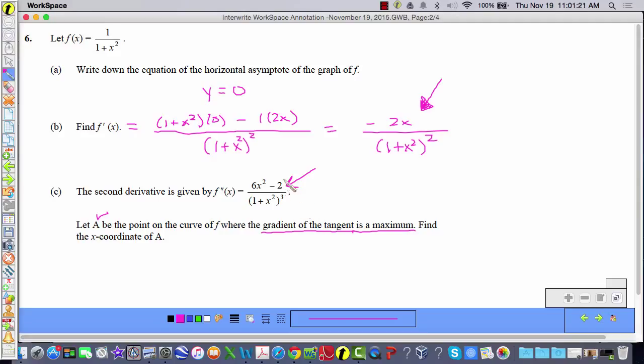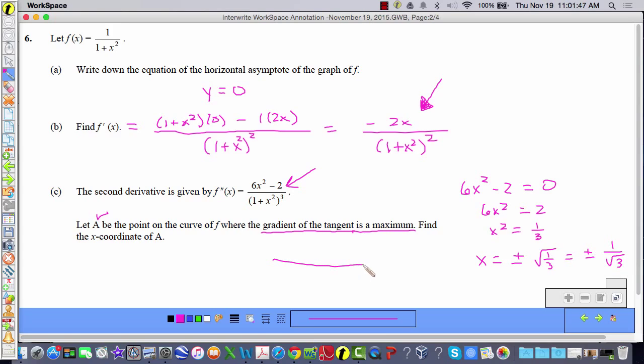And the only way that this is equal to 0 is if the numerator is equal to 0. So I'm going to set that equal to 0 and solve. So x is going to equal plus or minus the square root of 1 over 3, or plus or minus 1 over root 3, to simplify it a bit.